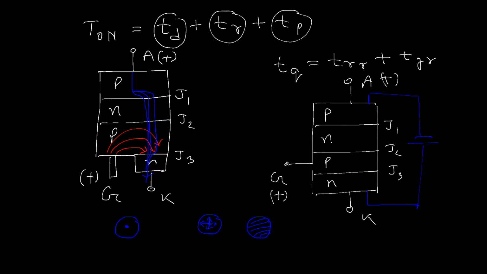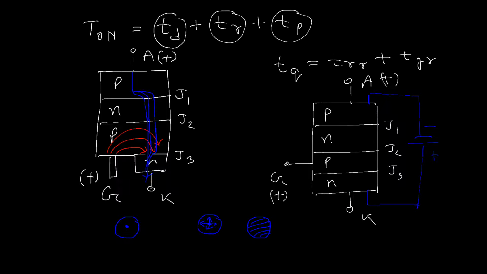So when the cathode is positive with respect to the anode, what happens? For the lower n region, in which the majority carriers are electrons, they are attracted by the positive cathode terminal.